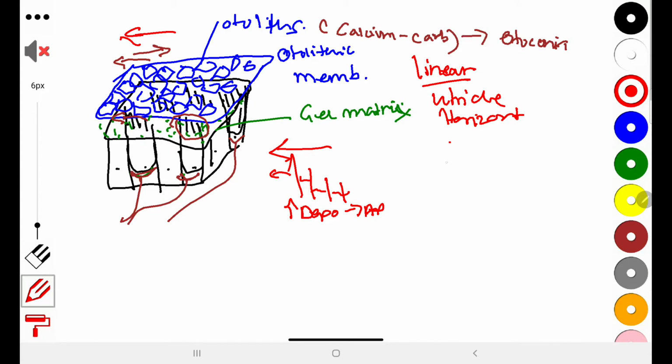Okay, so on our drawing, we had them right at the base, so we had them there.